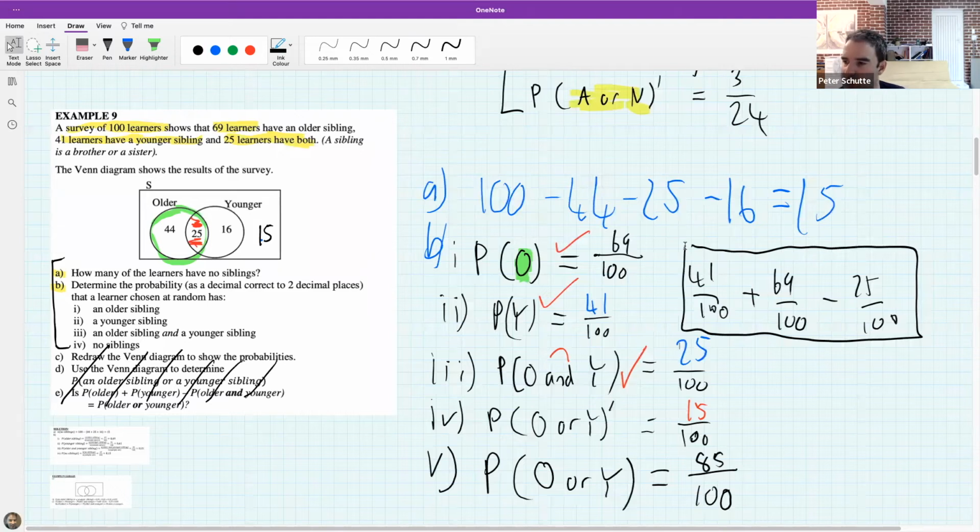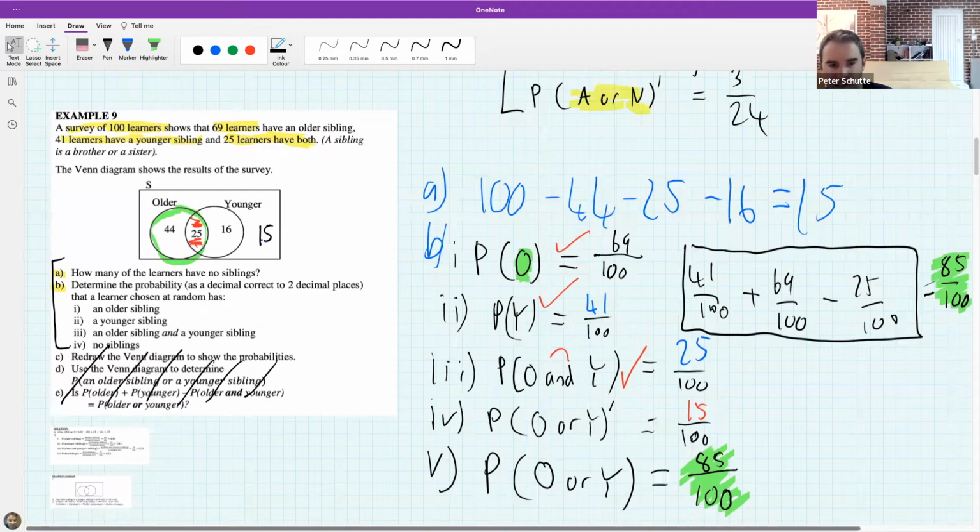What is 41 over 100 plus 69 over 100 minus 25 over 100? And you should be getting 85 over 100, which is the same as this one down here. And so that's just to show you that the OR identity also holds with the probability identity there.